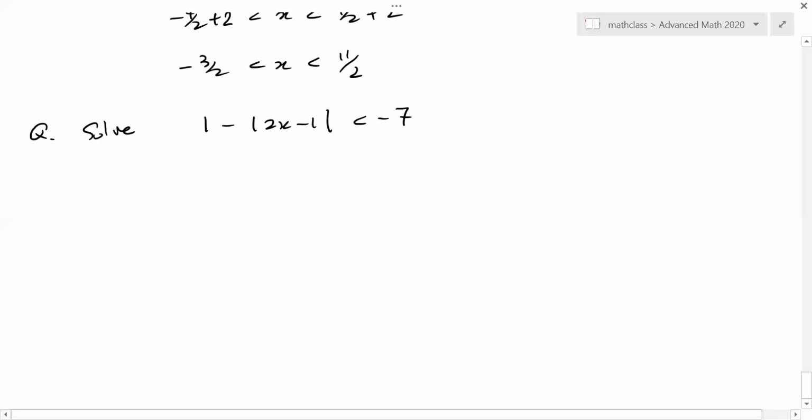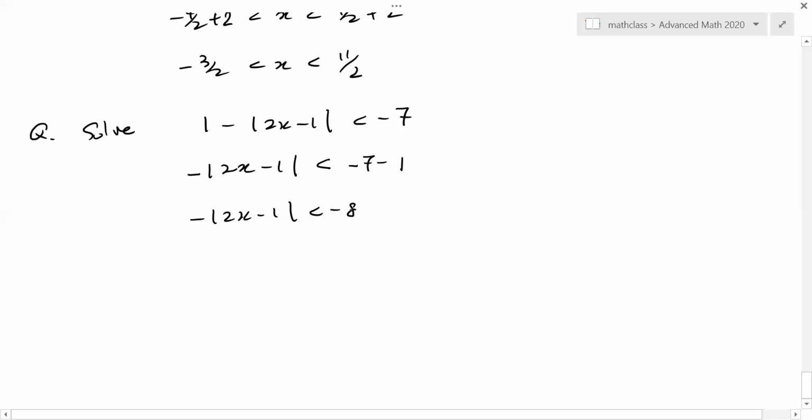Excellent. All right. So first of all, you move 1 to the left-hand side, to the right-hand side, okay? Then negative 2x minus 1 less than negative 8.